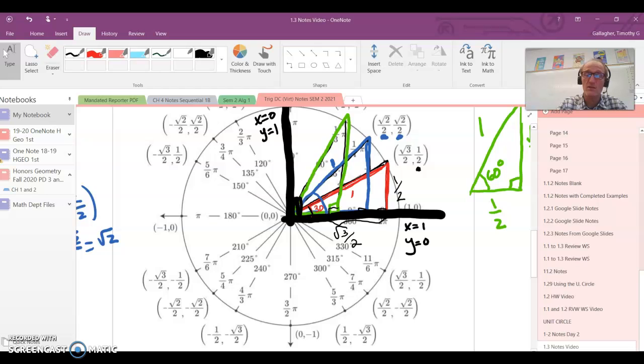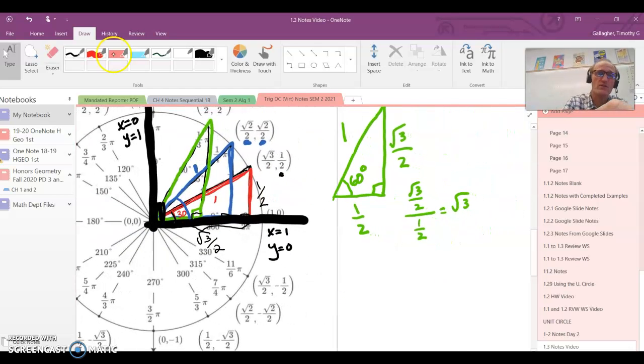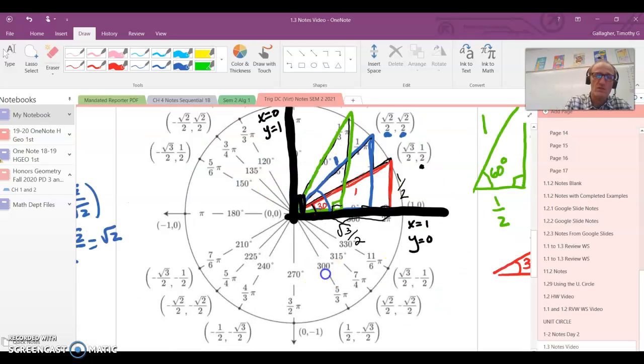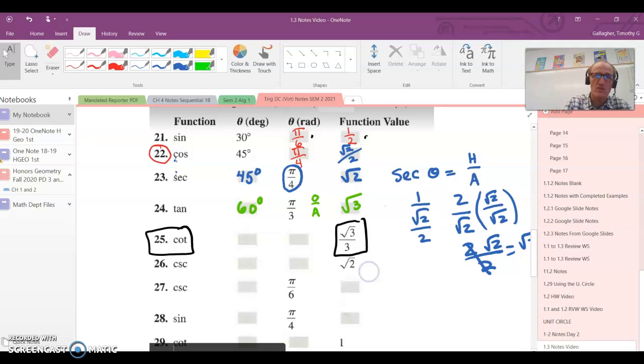It could be 60 degrees. Now the 30, 60, 90 triangle, this is 1, and this is the square root of 3 over 2, and this is 1/2. So the question is the cotangent of what angle is equal to the square root of 3 over 3.